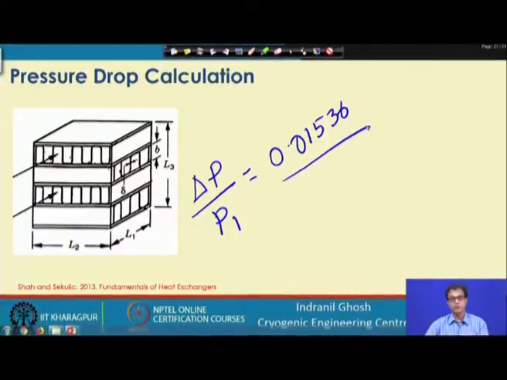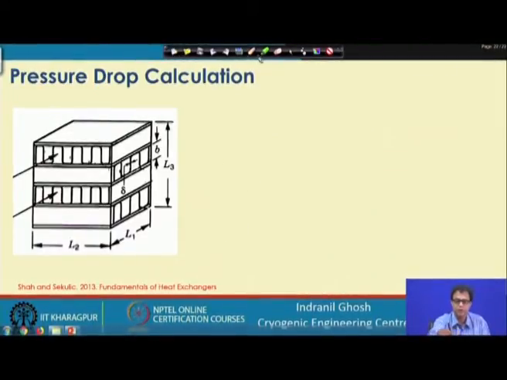So, the assumption that has been made in our calculation, that the exit pressure is not really very different from the inlet one, is valid, and we do not need any separate iterative calculations to repeat this or to estimate the exit pressure drop. So, this is how we calculate the pressure drop in a plate fin type heat exchanger.